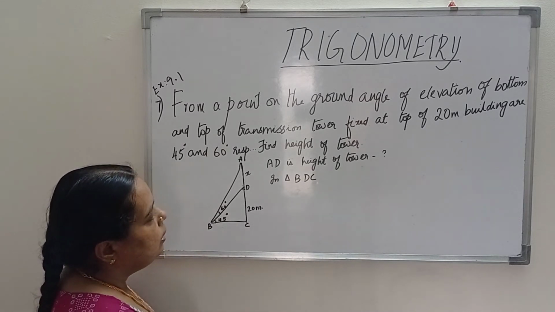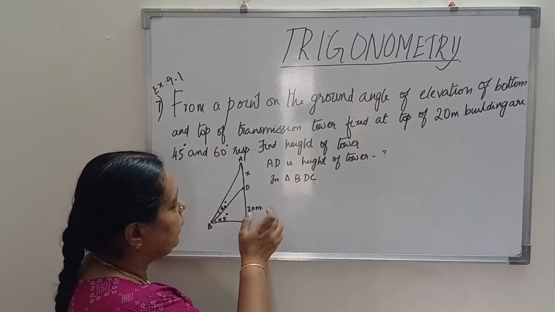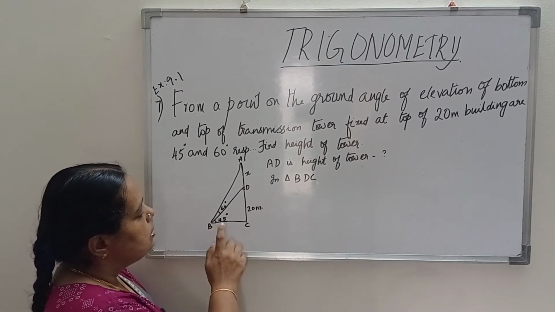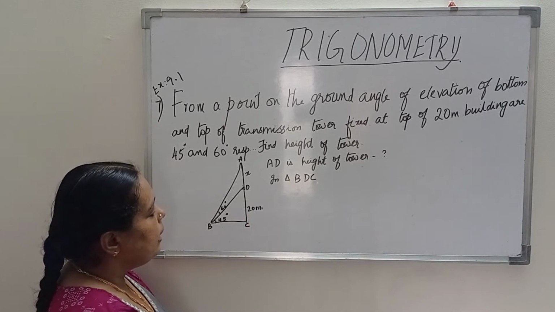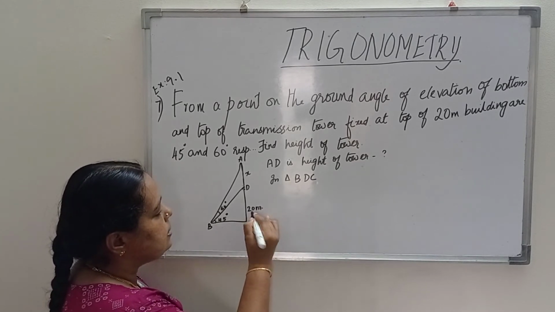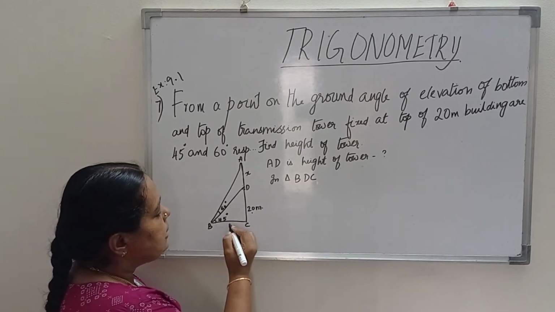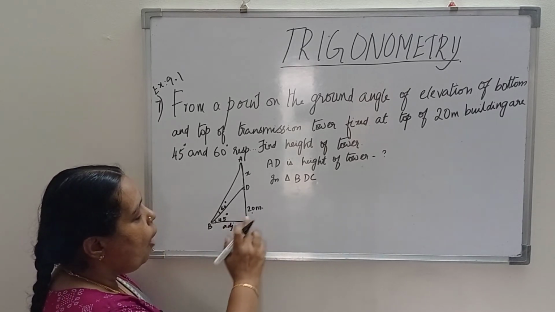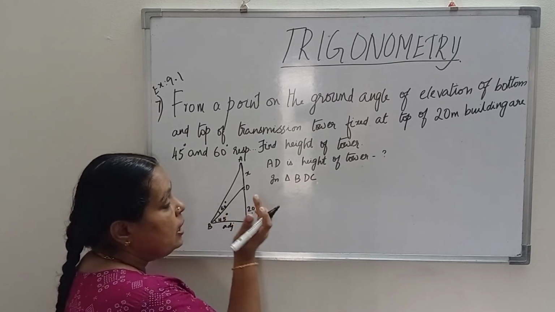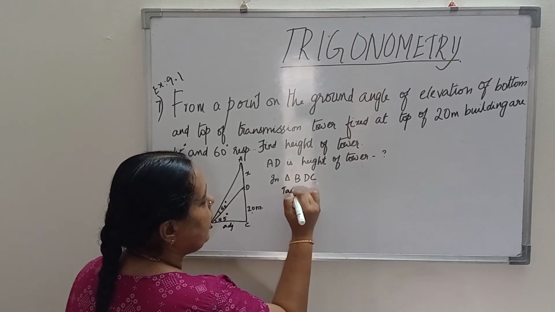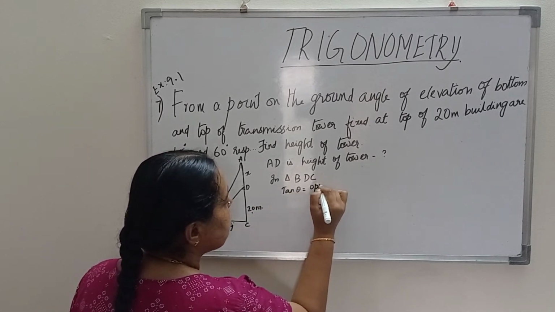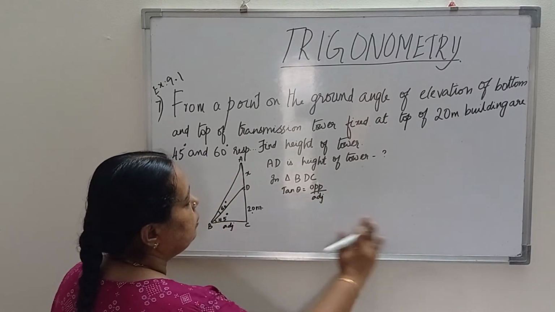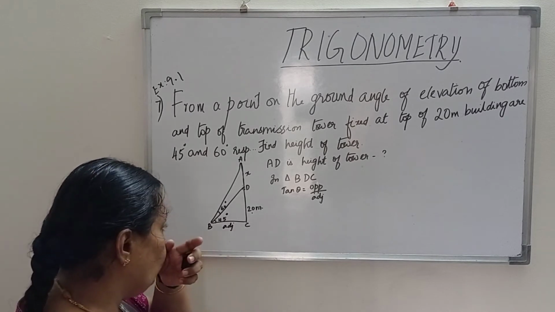Here the side we have is the opposite side and the side we require is the adjacent side. Opposite by adjacent is tan, so tan theta is opposite by adjacent. We will use the ratio of tan to find the answer.